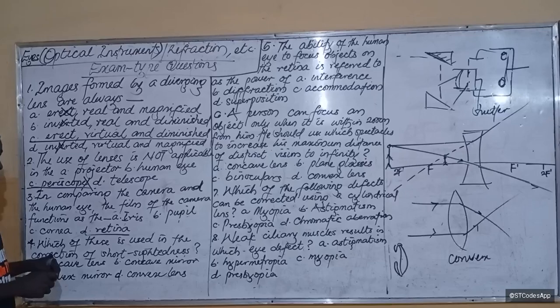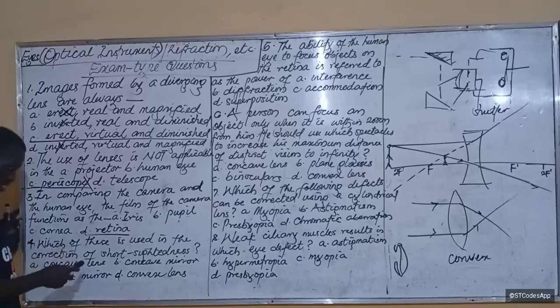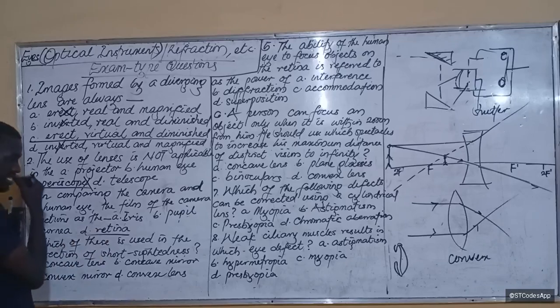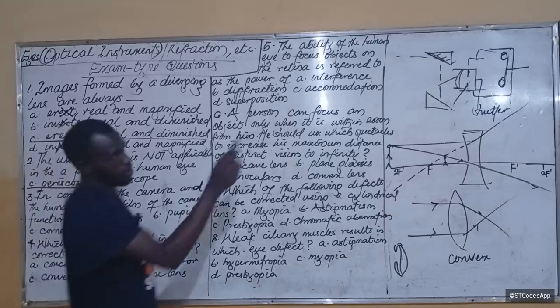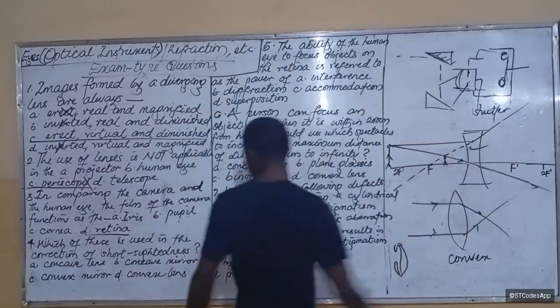Make sure to check out my video on that. I've already explained all of this, okay? I don't want to begin to dig deep into it again. Which of these is used in the correction of short-sightedness? Short-sightedness is also called myopia. That one is corrected by a concave lens.